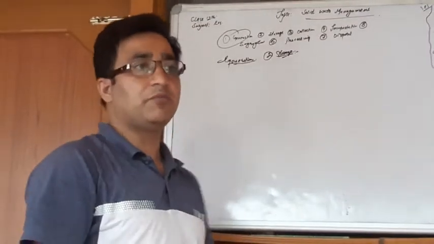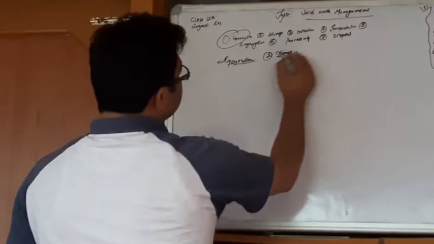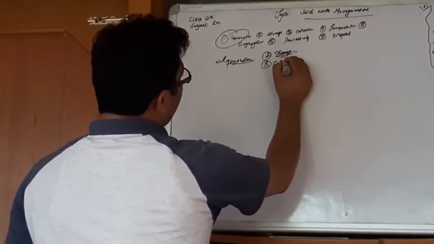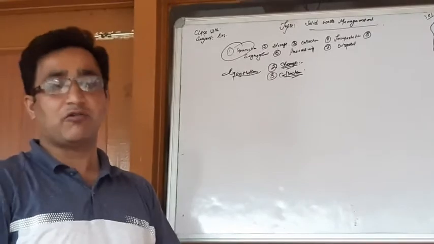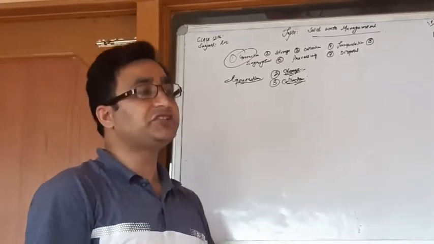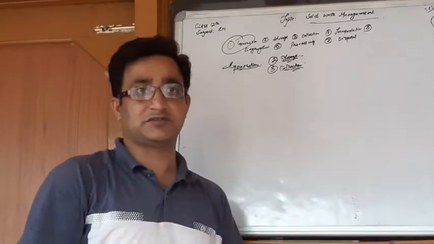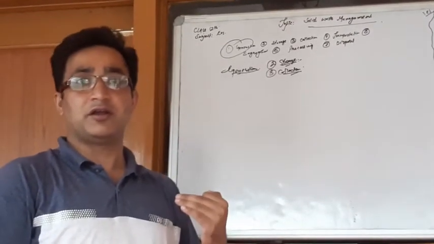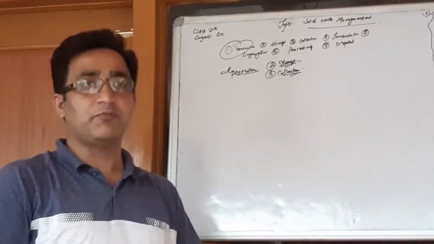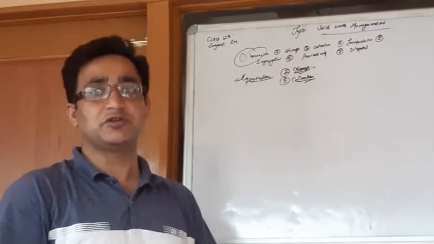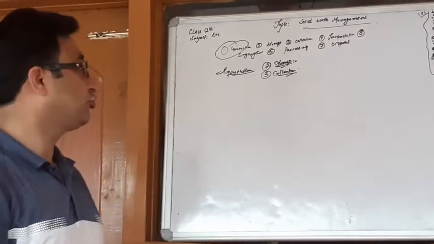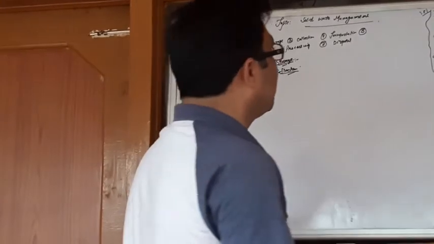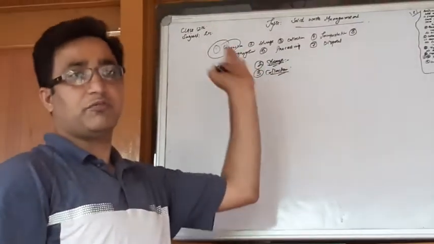Then another key component is the collection. जो इसका तीसरा है, that is collection. Collection simply refers to the collection of waste materials from the point of its generation to the point of its disposal or treatment. तो उसको हम collection कहेंगे। From the point of its production to the point of its disposal.